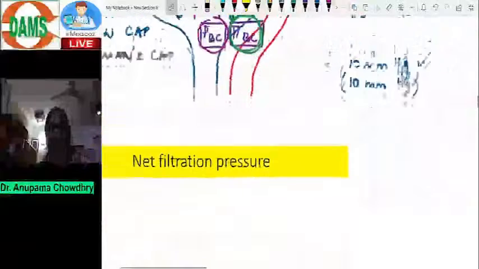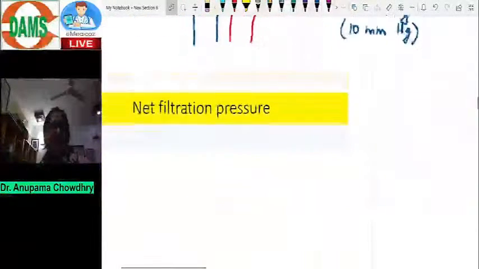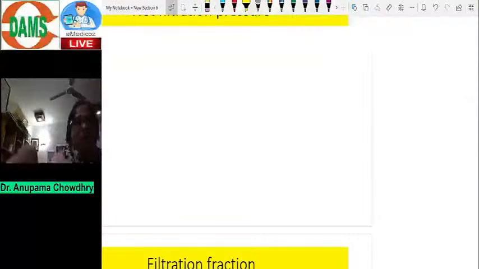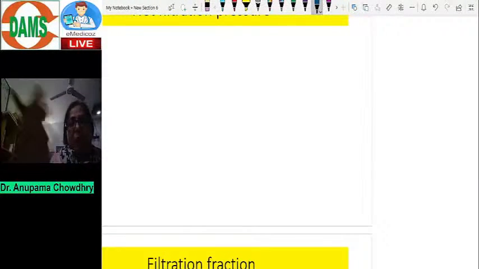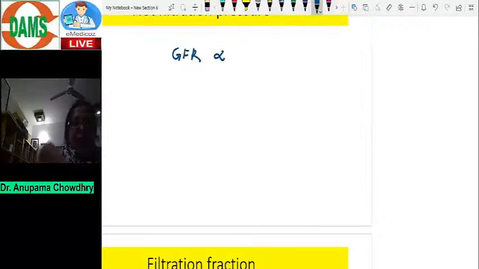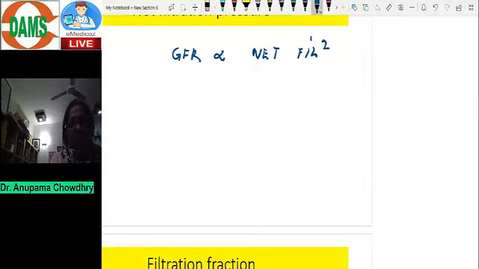All right. So I've already discussed with you what is the net filtration pressure. This is 15 millimeters of mercury. Now, how is this net filtration pressure related to GFR? GFR is directly proportional to the net filtration pressure.